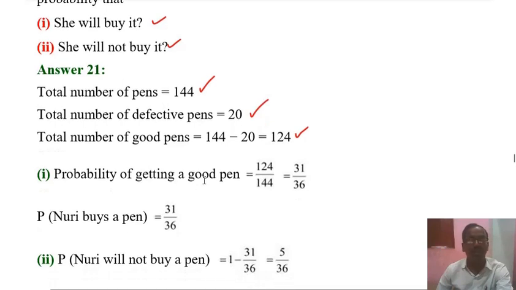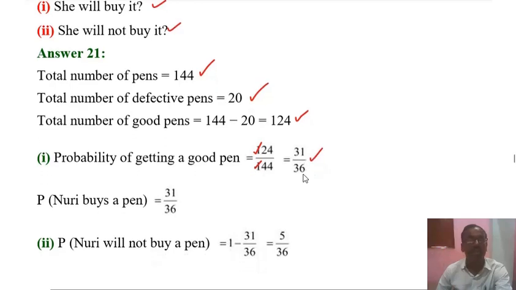Probability of getting a good pen equals total number of good pens by total number of pens. So 124 by 144. Hope there is no problem understanding this step. After cancelling out the common factor, we get 31 by 36. So this is the answer of the first part of question number 21.